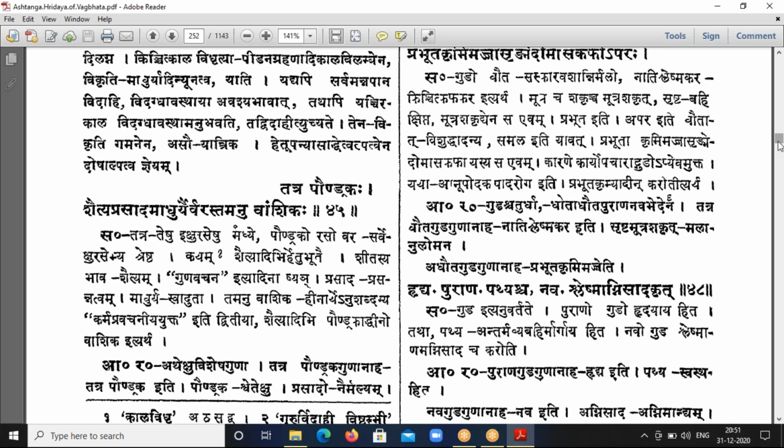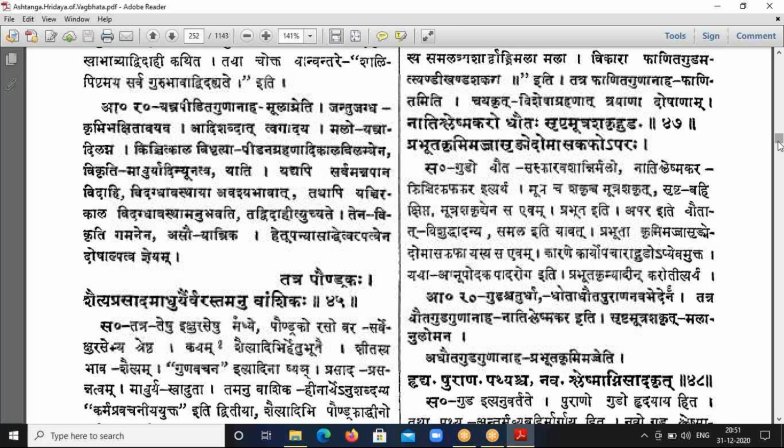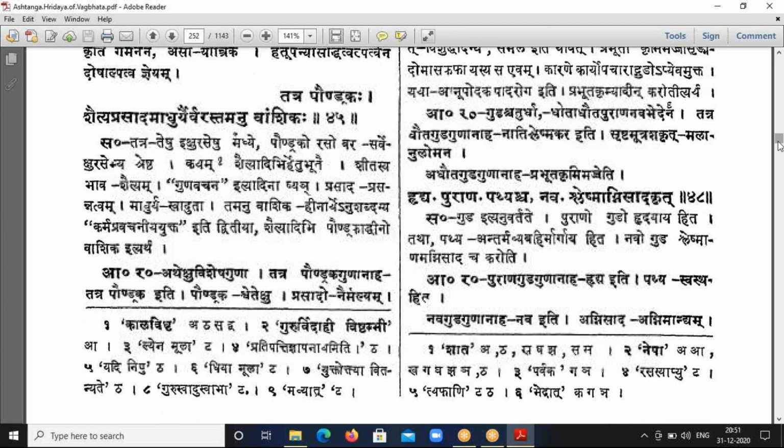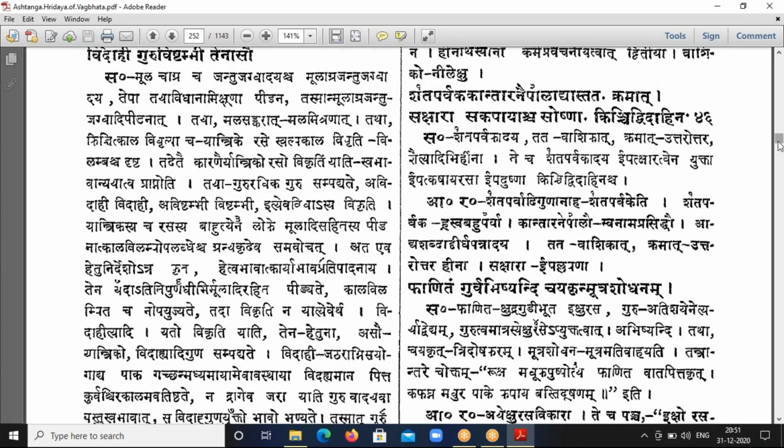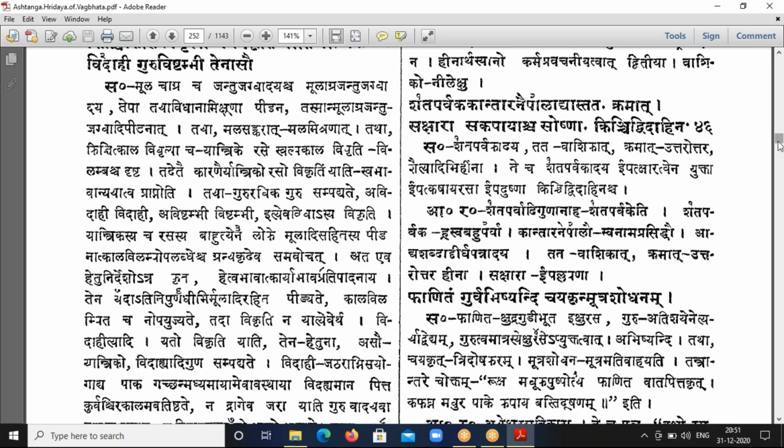Then next we find Shataparvaga, Kandara, Naivaladhyaha, Tadakramad, Saksharaha, Sakashayascha, Soshnaha, Kinjid Vidahinaha. Other types called Shataparvagam, Kandaram, Naivalam, Adhyay, etc. They are Tadakramad, preferred as inferior to the first two we mentioned, that means Paundragam and Vamsikam.